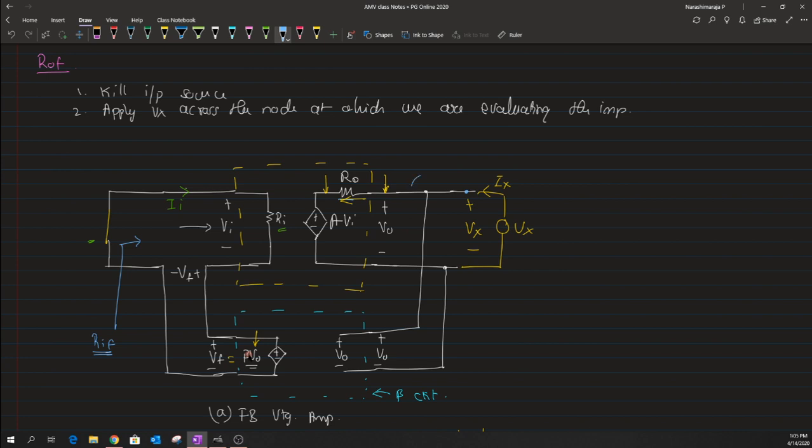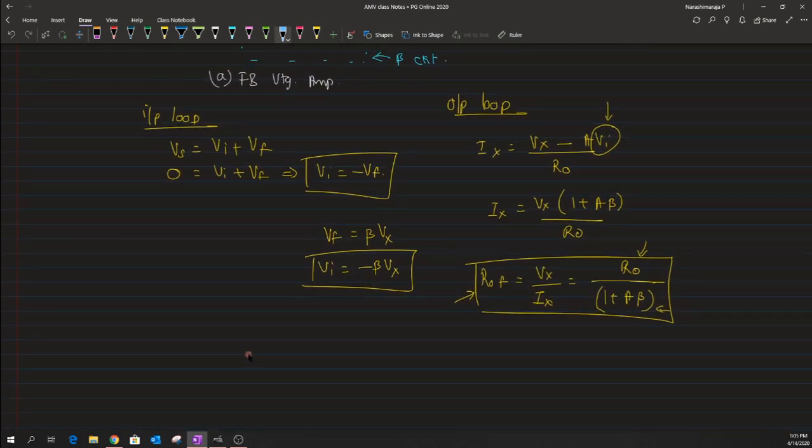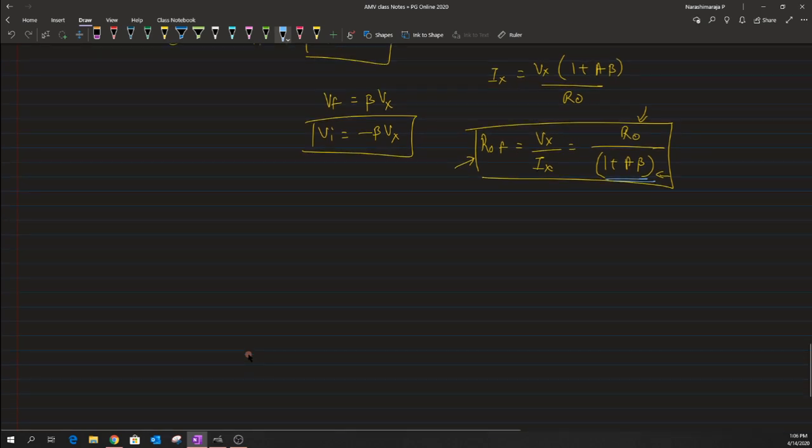Okay. So this is our shunt connection that we have made, and whenever we have this shunt connection in general, the impedance will be reduced by this particular factor, whereas if the connection is a series, then whatever impedance we have as an open loop impedance will be raised by this factor of 1 plus A beta. Okay, so there are two conclusions that I can derive from here.